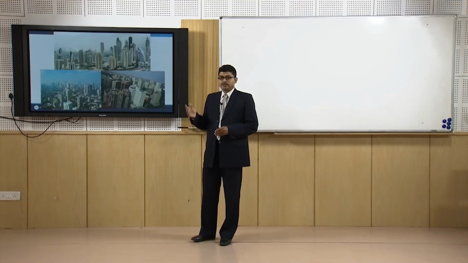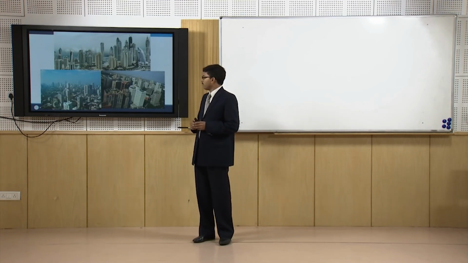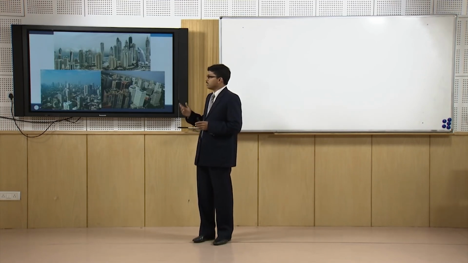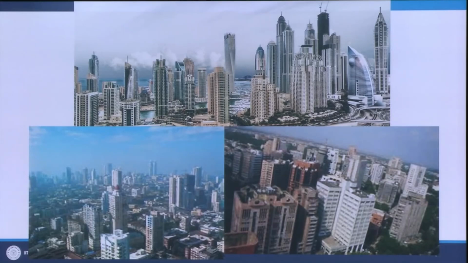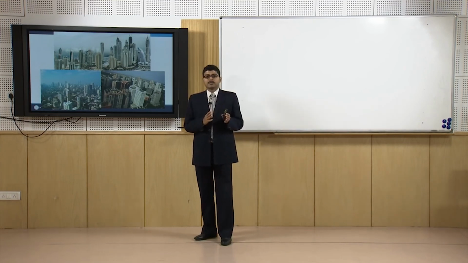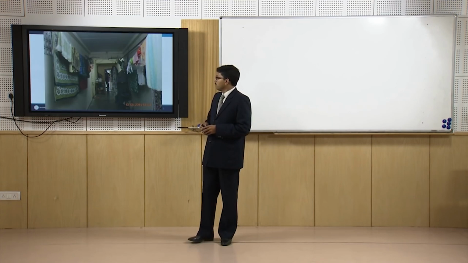On the other hand, if you go to the large cities, you will find multi-storied real estate development with very big buildings and very congested, compact cities, but in some cases those cities do not have enough infrastructure and the communities are not there. So, there is a big mismatch between supply and demand.